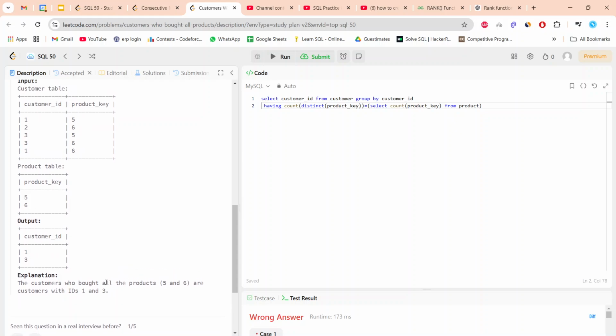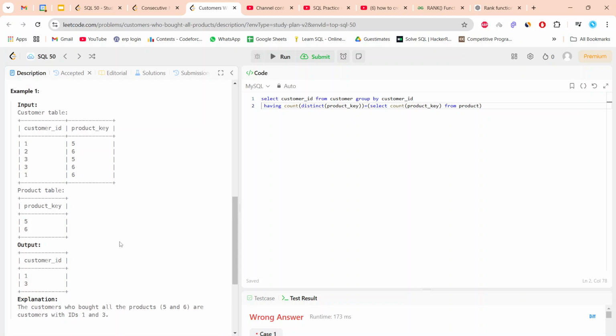Now, let us see the intuition, how to approach this problem. First, let us see the product table. In the product table, we find only the unique products mentioned.